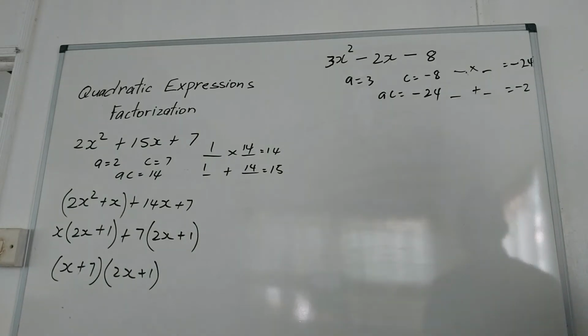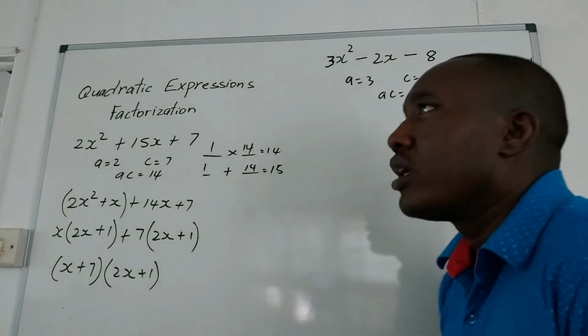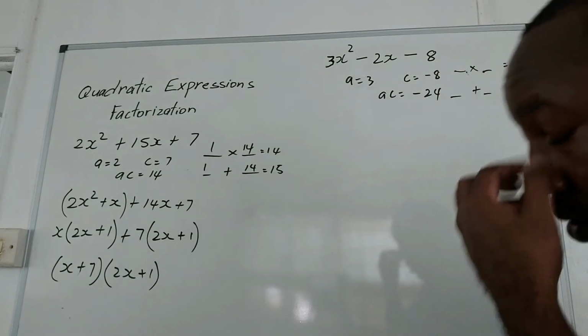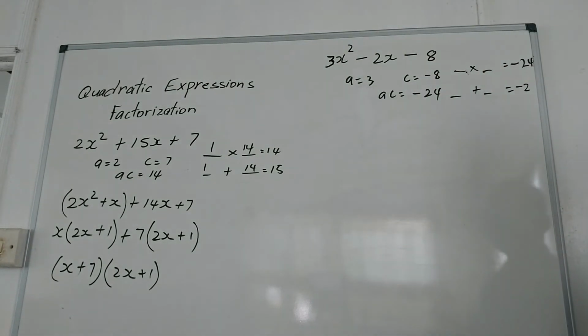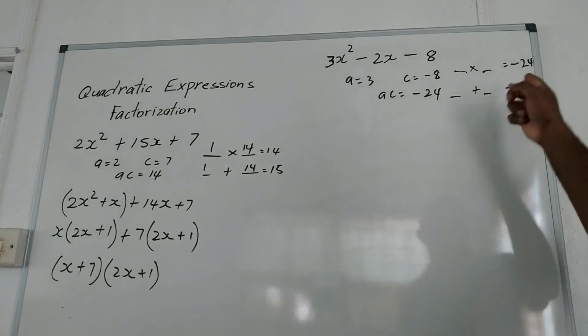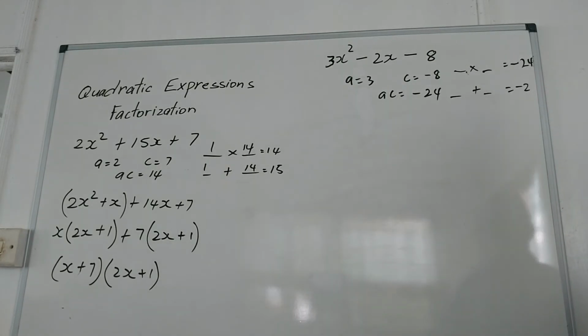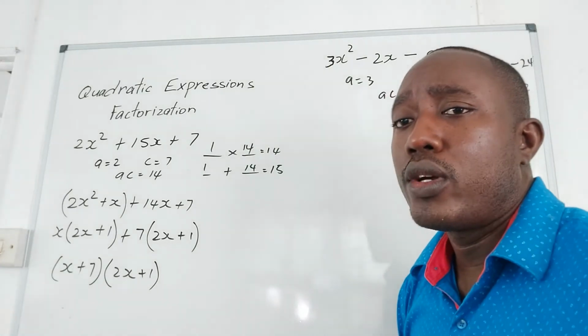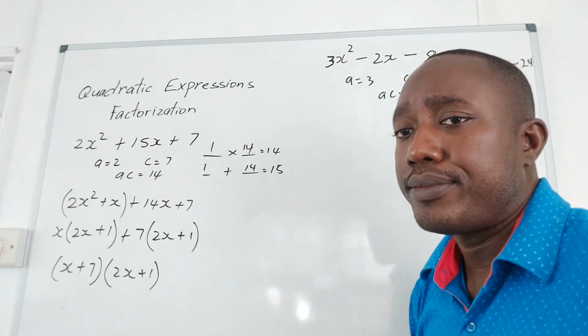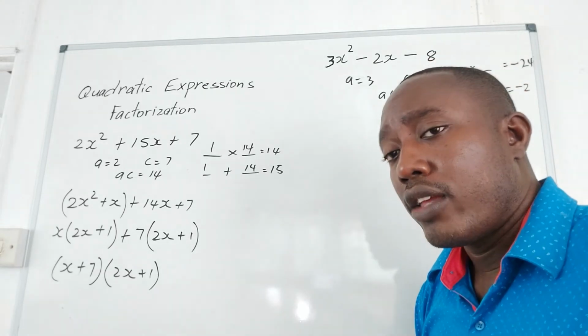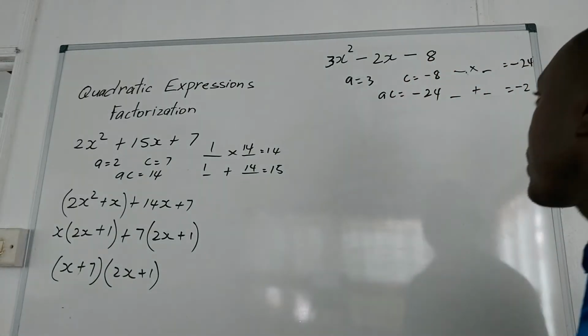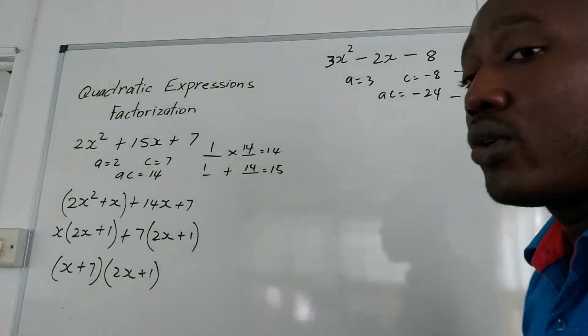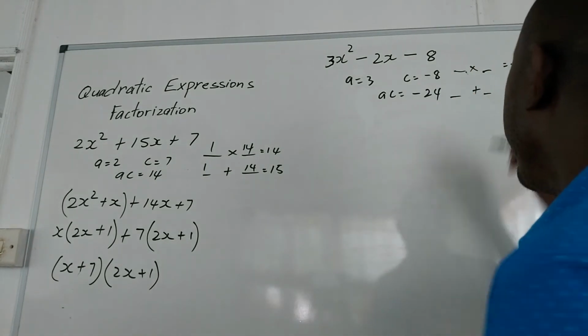So in our tables, we can try 2 times negative 12, or negative 12 times positive 2. Yes, that will give us negative 24, but when we add them, we will not get negative 2. So what two numbers do you think we have to try? If you said negative 6 and positive 4, you will be absolutely correct.